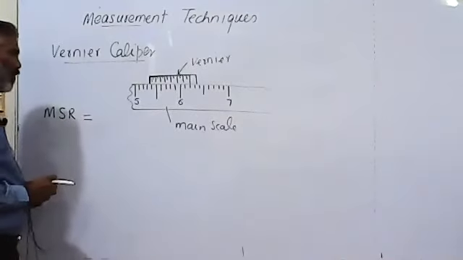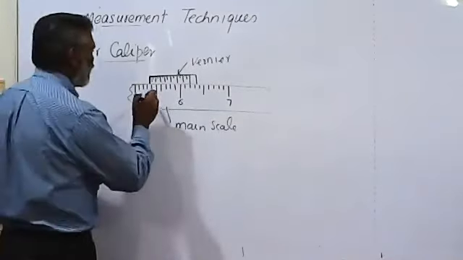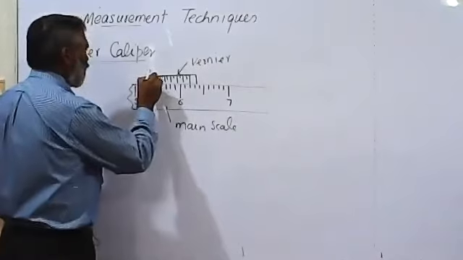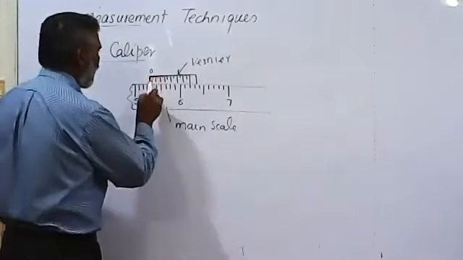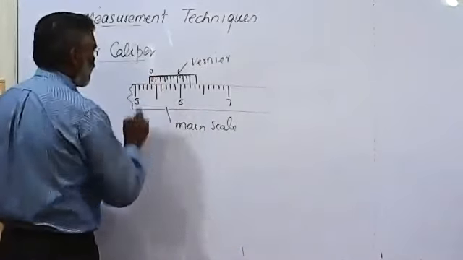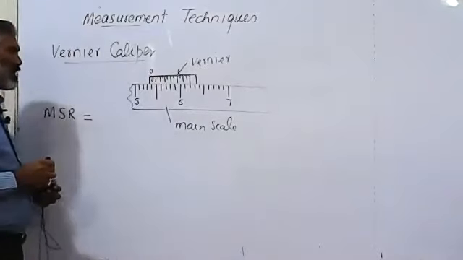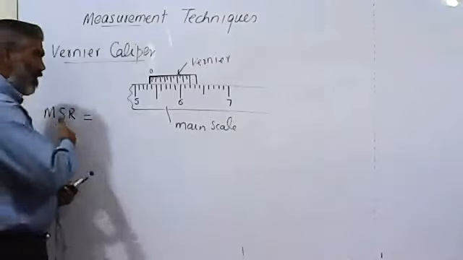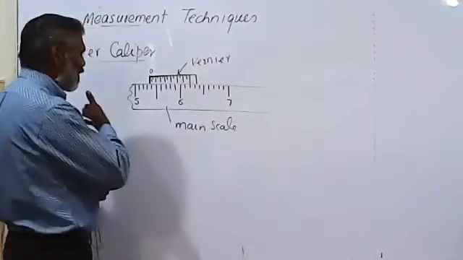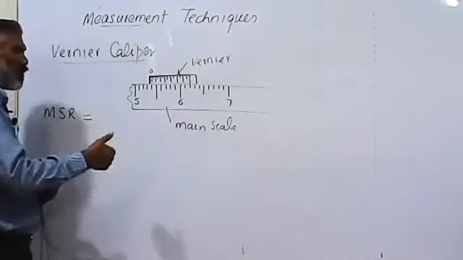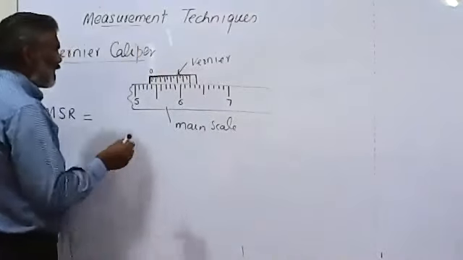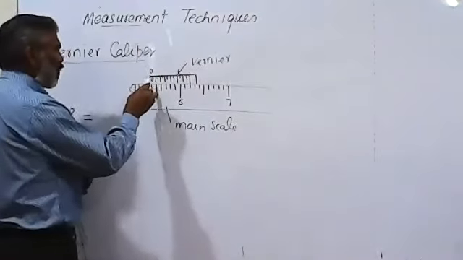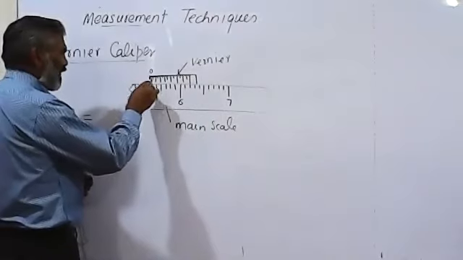And how we note is we see where the 0 of this vernier scale is. Has the vernier scale 0 passed a value, gone beyond a value, and not crossed the next one? So let's see where this 0 of the vernier scale is.